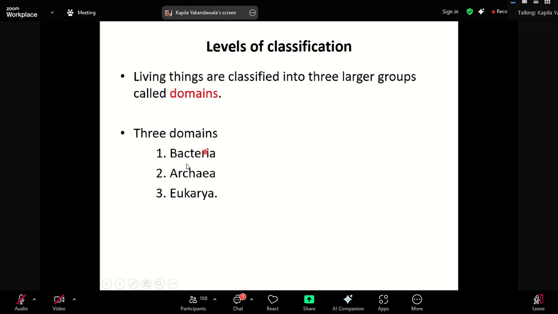There are 3 domains: bacteria, archaea, and eukarya. Please remember these names: bacteria, archaea, and eukarya. So the plants belong to the domain eukarya.